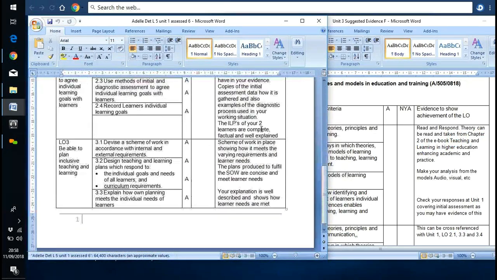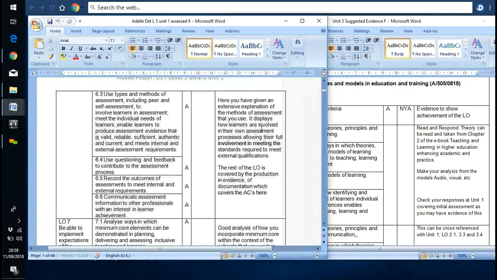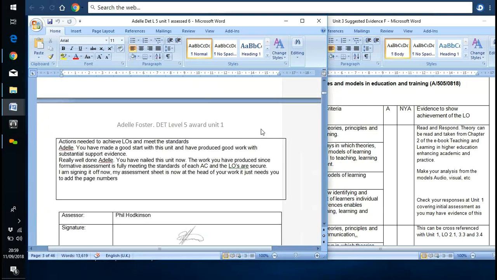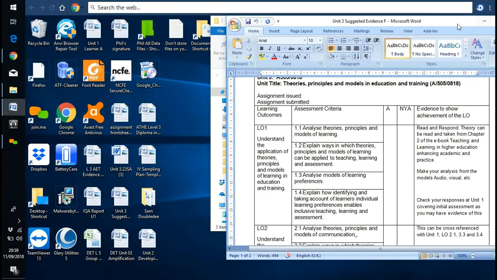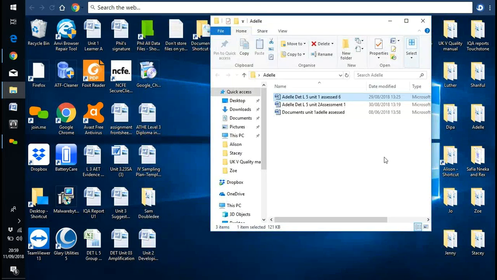Yeah. All your A's are in. And my assessment's in at the side. Yeah. And your achievement, and I've signed it off. Yeah. So that's Unit 1 signed off and done and out of the way. Yeah. Close. I think we'll actually close that as well. Maybe we don't need that there.